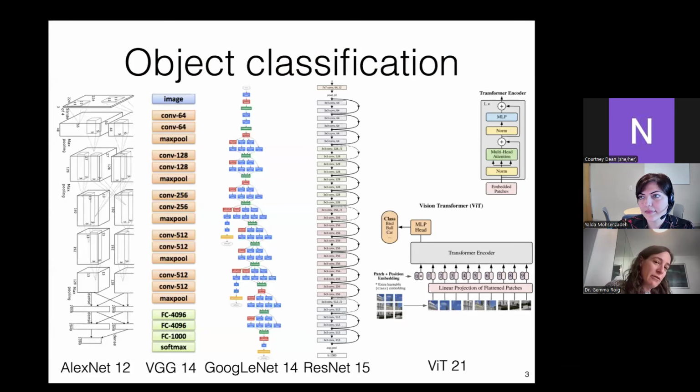For tackling this task, there was a great advance in 2012 with the introduction of AlexNet, a network based on deep learning. Over the years, there have been more advancements in these directions, making the deep neural networks deeper, wider, and changing some aspects of the architectures, like the vision transformers, which are not convolutional neural networks anymore but based on self-attention layers.